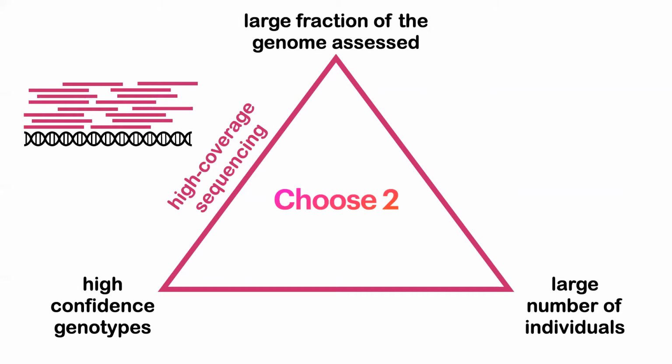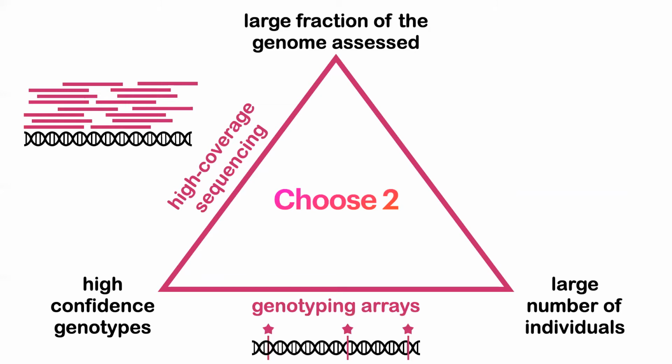The high coverage genome sequencing approach, whole genome sequencing, will of course get you high confidence genotypes for a large fraction of the genome, but it's prohibitively expensive to do this for more than a handful of individuals. So when we're looking at population studies in the past, most people would choose genotyping arrays, which are specific products chosen to assay specific sites on the DNA for a given species.